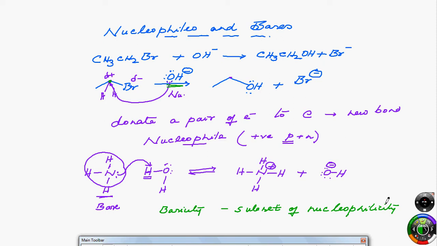So all nucleophiles are Lewis bases. More specifically, it's the Bronsted base. Base is the name we give to a nucleophile when it forms a bond to a proton.